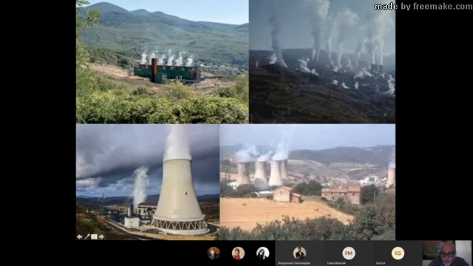Now, if we go to the other sections, these are the older power plants at Larderello. The one on the top is a cooling tower with ventilators on top, while the one on the bottom and the other three are natural draft cooling towers.